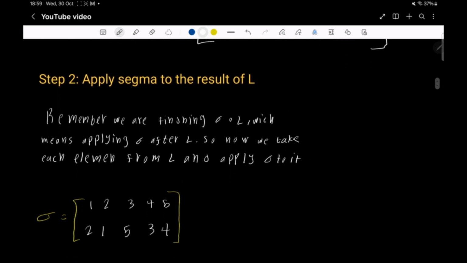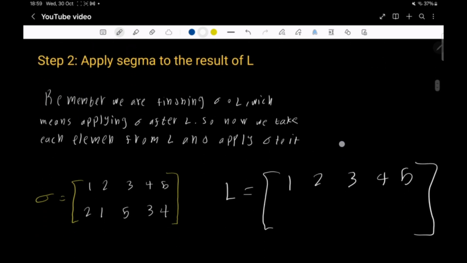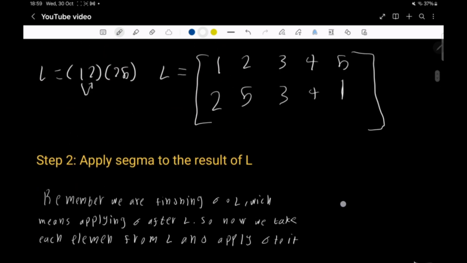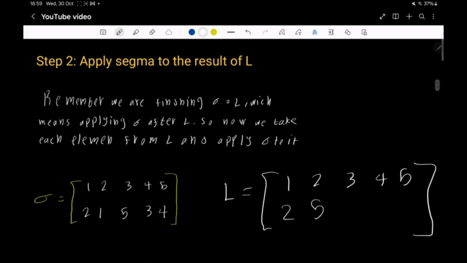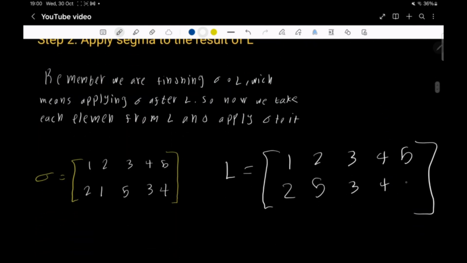Now when we have L, we write L equals 1 2 3 4 5, every time we write like that. 1 is going to 2, 2 is going to 5, 3 is going to itself, and 4 also, 5 is going to 1.